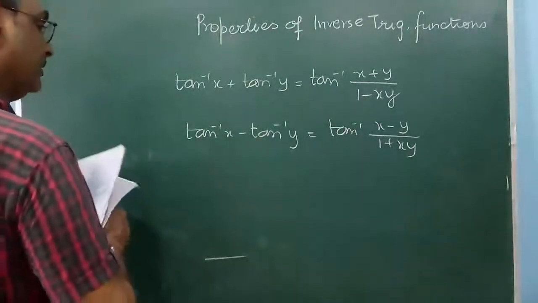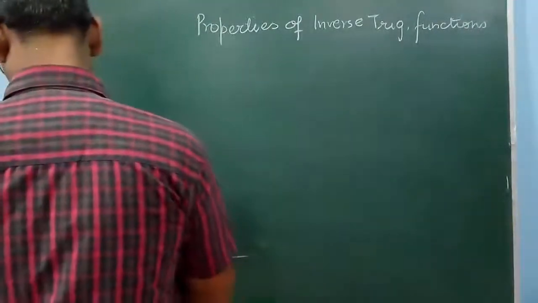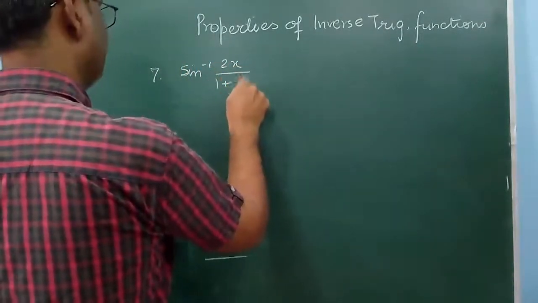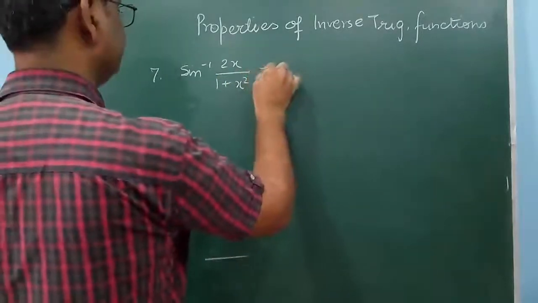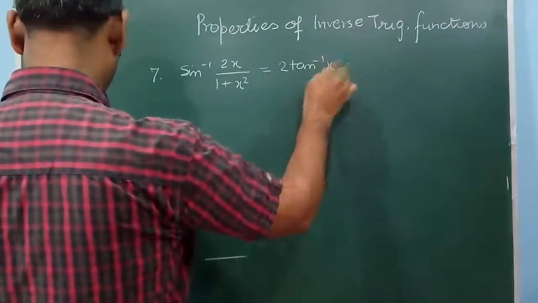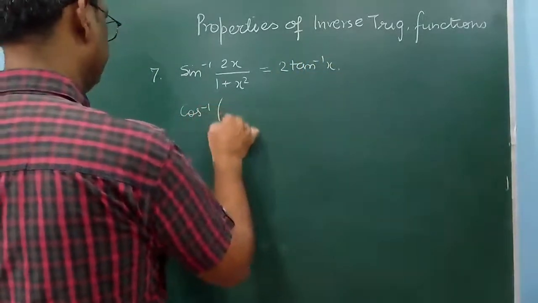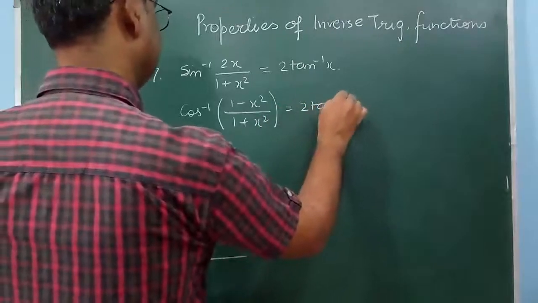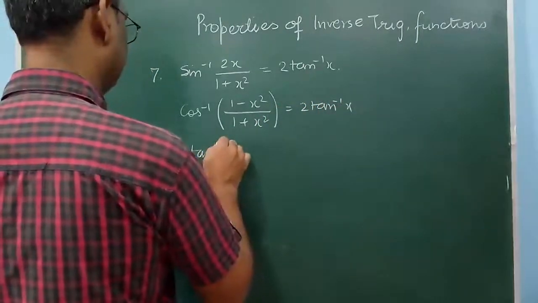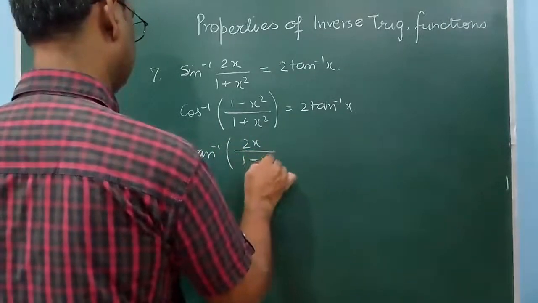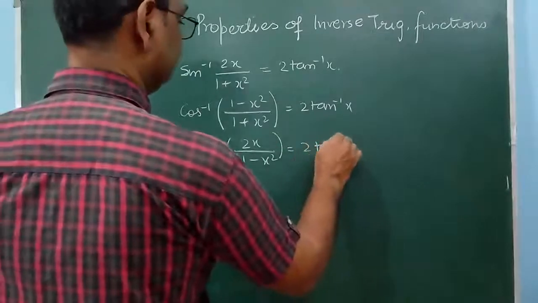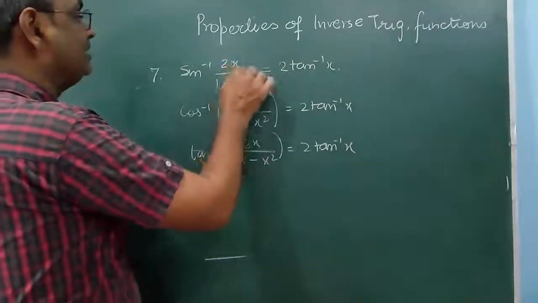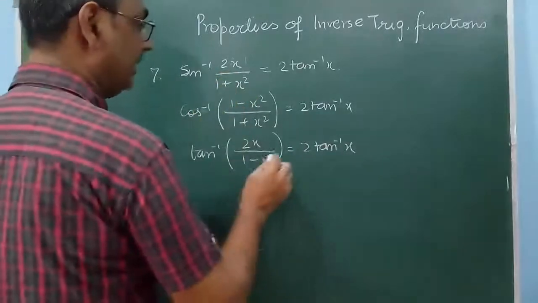Now next one, the 7th. Why? Because when we put x equal to tan theta, how to prove it?